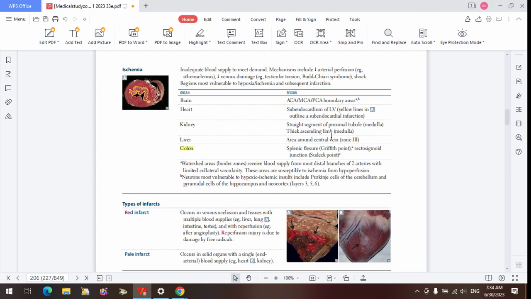We have the collecting duct within the medulla. But why is it the straight segment of the proximal tubule and the thick ascending limb that are most vulnerable in the medulla? The reason is that these are highly metabolizing. They are undergoing a lot of metabolic processes.